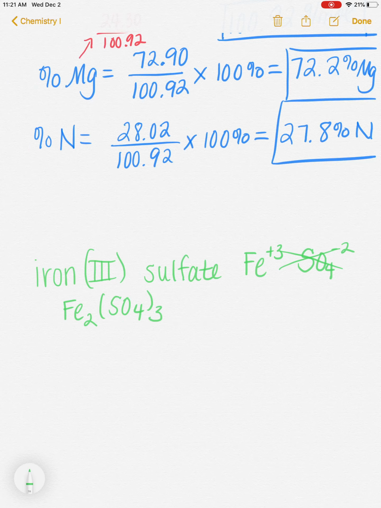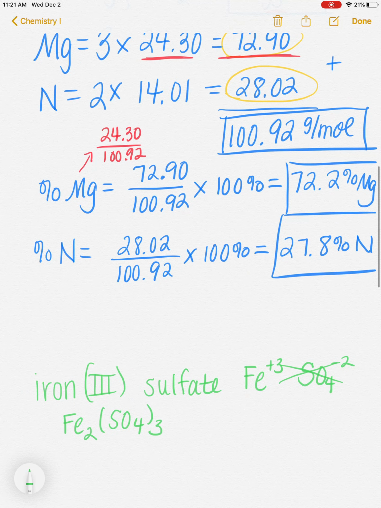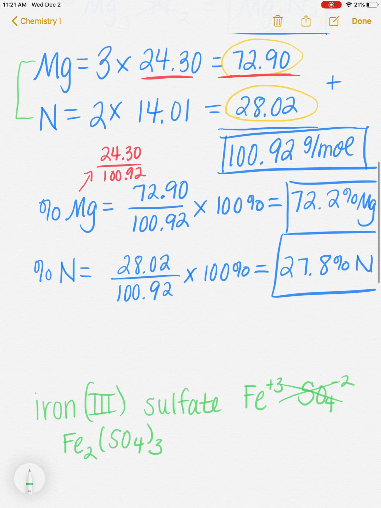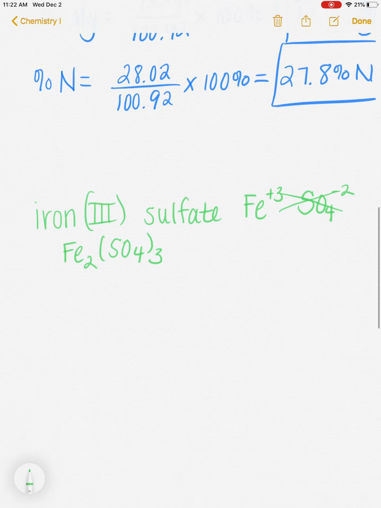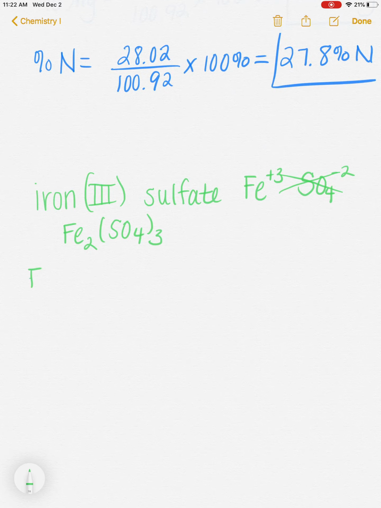All right, next, to find the molar mass, I'm going to do what I did up here. Remember, I listed what elements I had and how many. So in this compound, I have iron, I have sulfur, and I have oxygen. There are 2 irons because it has a subscript of 2. Sulfur.